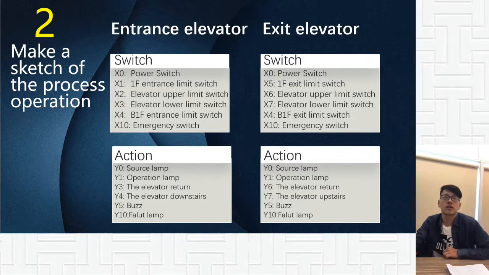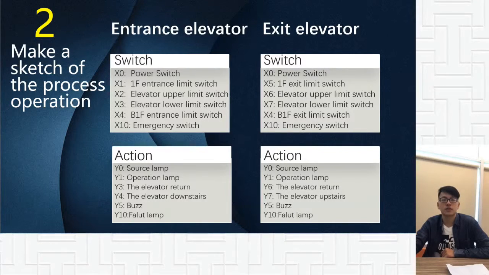This is our input and output. S0 is the power switch. S1 and X5 are the first floor entrance limit switches. S2 and S6 are the elevator upper limit switches. S3 and X7 are the elevator lower limit switches. S4 is the P1 entrance limit switch and exit limit switch.